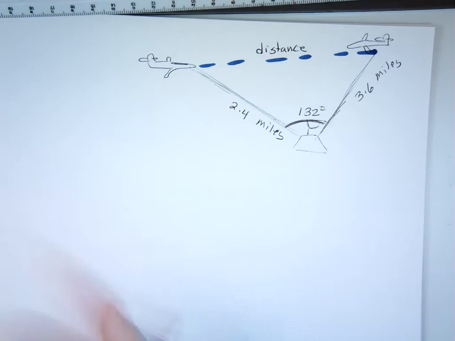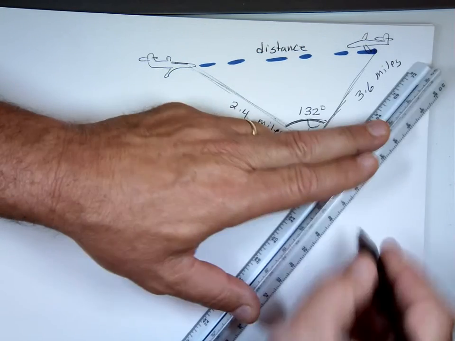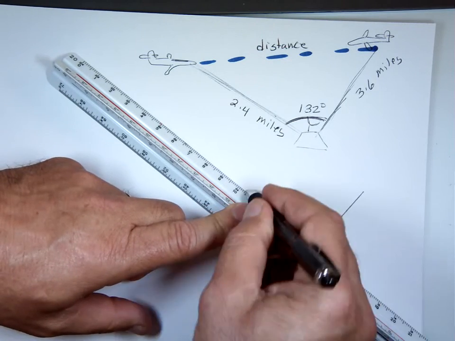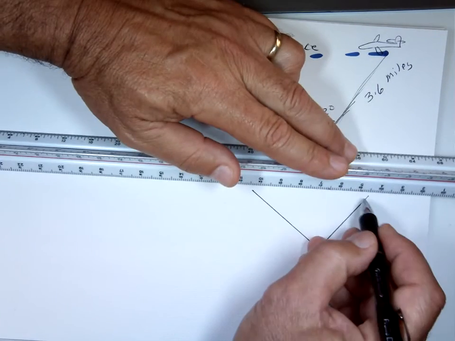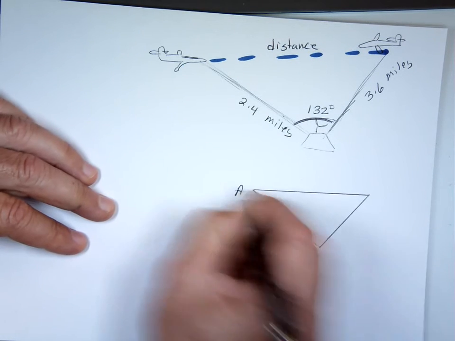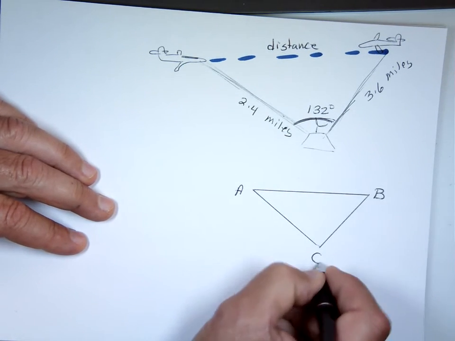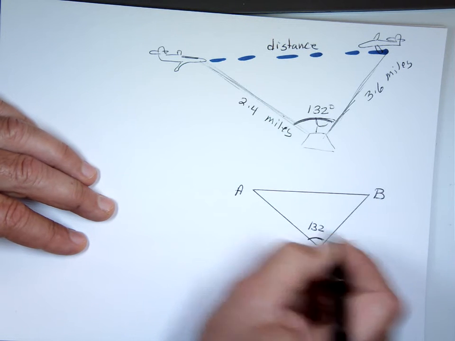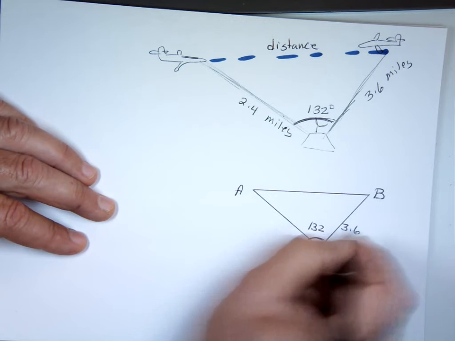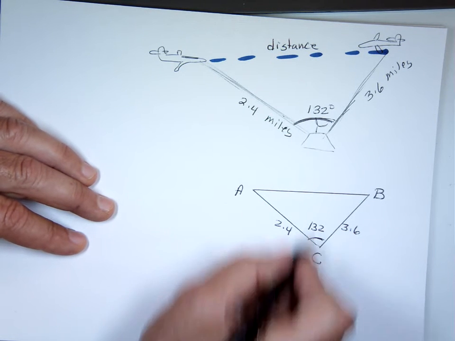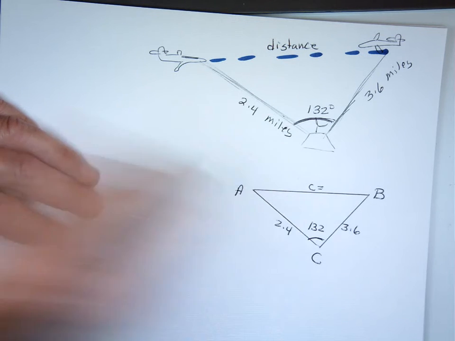So here's my triangle. Let's make it a little bit cleaner. You can label it any way you want to. You can go A, B, C. This is 132. This is 3.6. This is 2.4. And you are looking for side C. That's the side that's opposite.